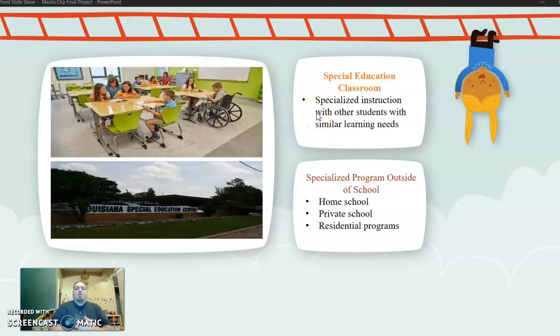And then the special education classroom, this is for specialized instruction. They may have other students with similar learning needs involved in their classroom. So, for example, with speech therapy, there might be several students with different speech therapy needs, and so they all meet in the same classroom certain times throughout the day or through the week, and then return to their general education classroom as possible.